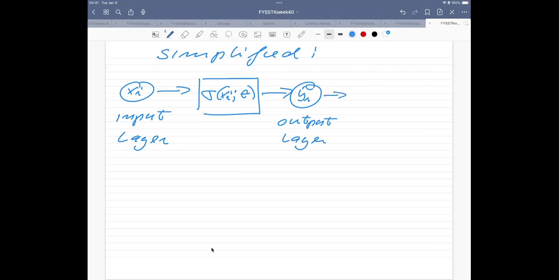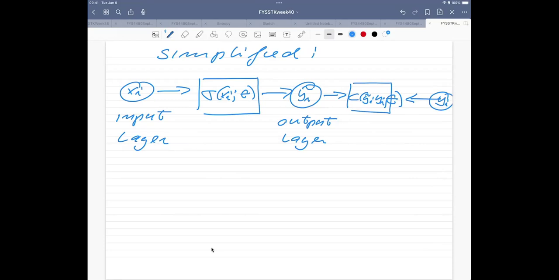This feeds into the cost function, which is now a C, which depends on y of i tilde and the parameters theta, and it receives the target value here. The cost function is the one we want to optimize.